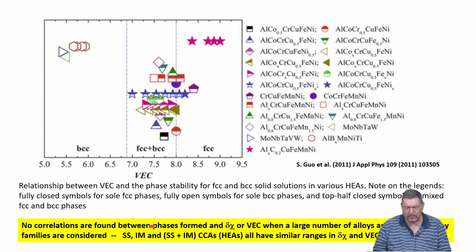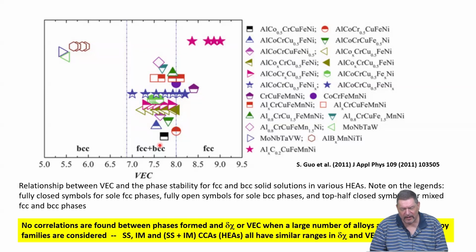This is also shown here in this nice plot, where as a function of valence electron concentration, people have plotted a number of alloys, which are either in BCC or in FCC or in a two-phase FCC plus BCC mixture. Fully closed symbols are for only FCC phases, fully open for only BCC phases, and these half-filled symbols are for the mixtures.